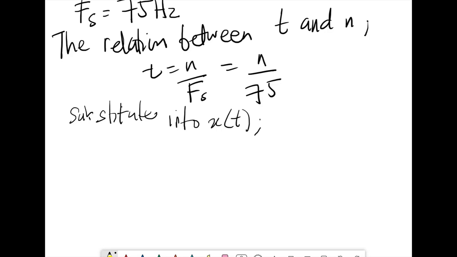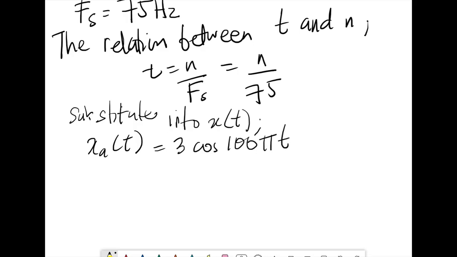Right. So xa(t) equals 3 cos 100 pi n over 75.